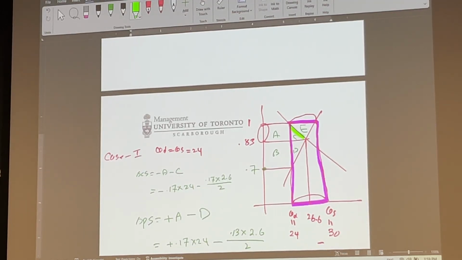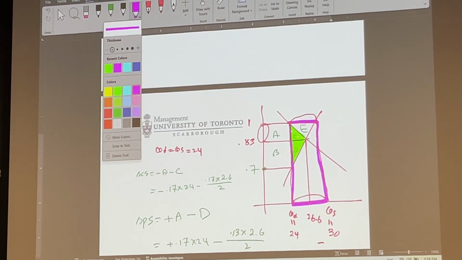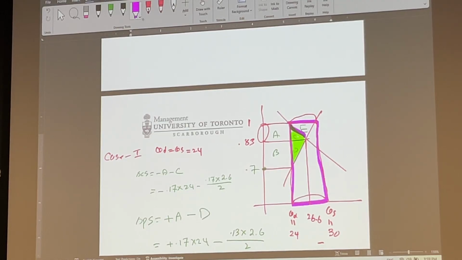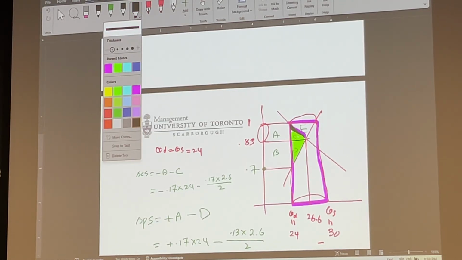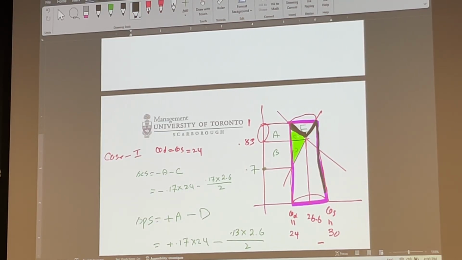The loss in case number 2 is a different color. Case number 2 is M. That M obviously includes C and D. So no matter what happens, case number 2 gives you a higher deadweight loss.